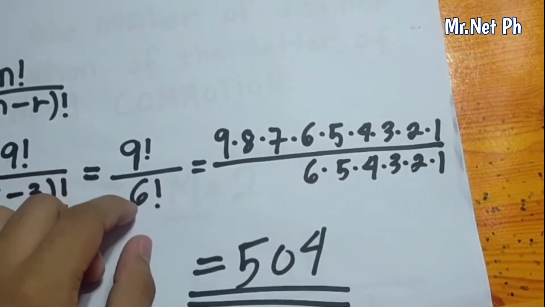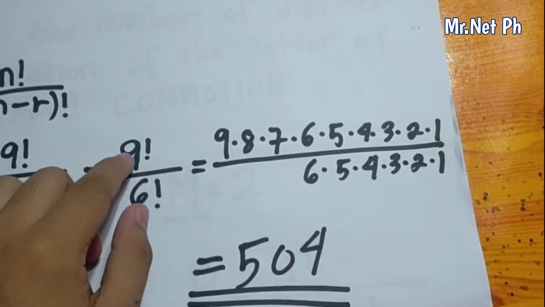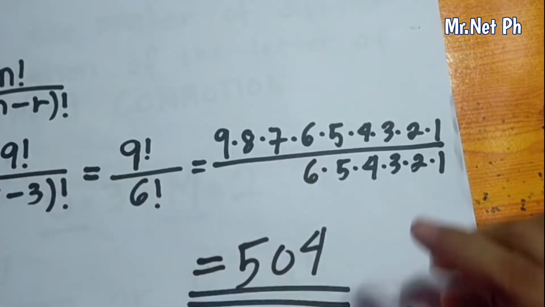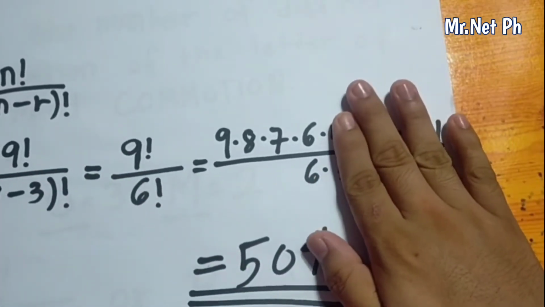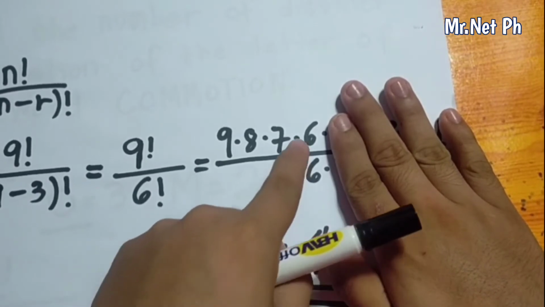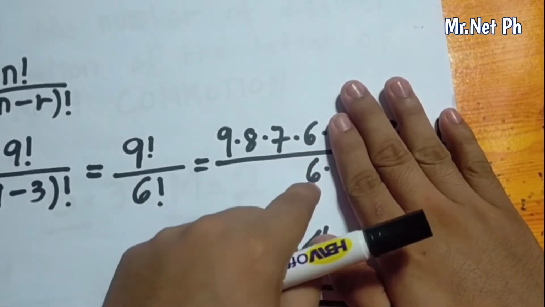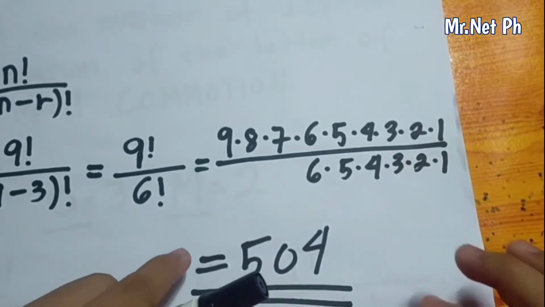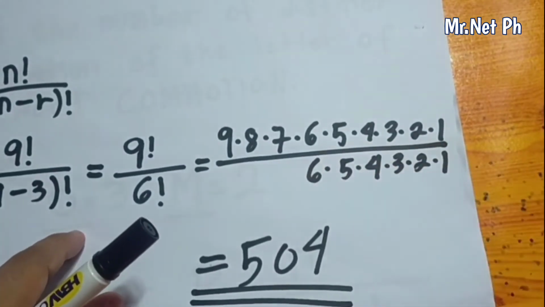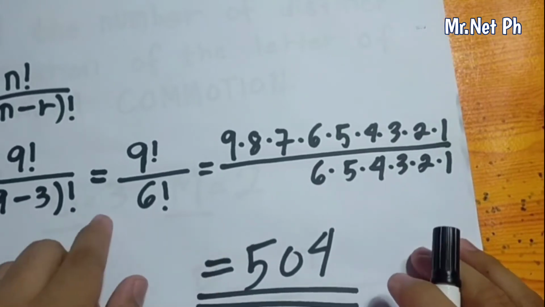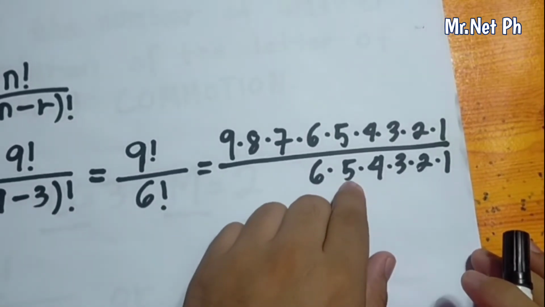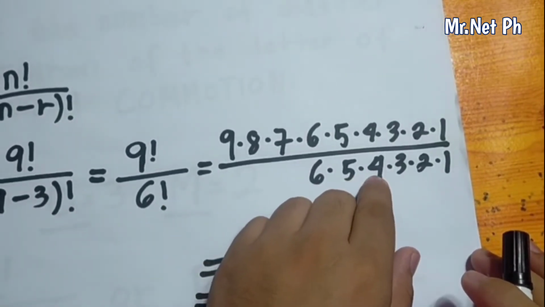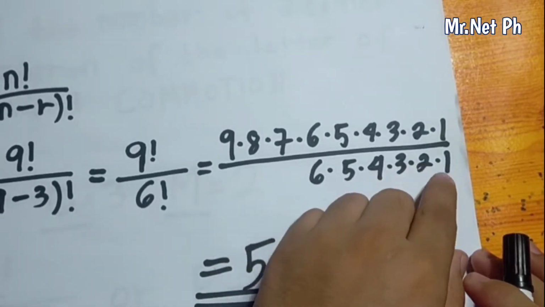So, for 6 factorial, pwede din natin siyang i-stop dito sa 6. So, ang matitira na lang is 6 kasi 6 factorial. Kasi i-cancel out naman natin siya. So, para mas maintindihan natin, i-copy natin itong lahat. So, 6 factorial, 6 times 5 times 4 times 3 times 2 times 1.